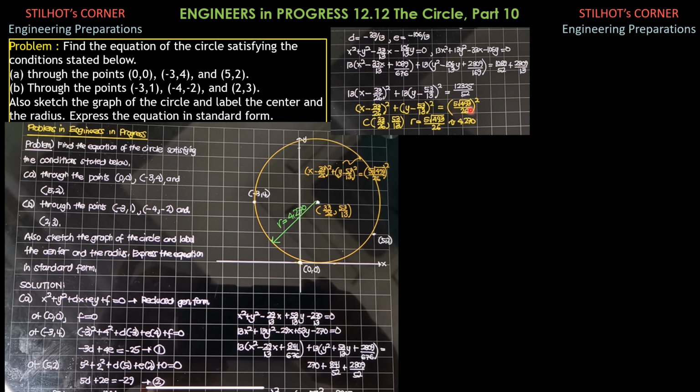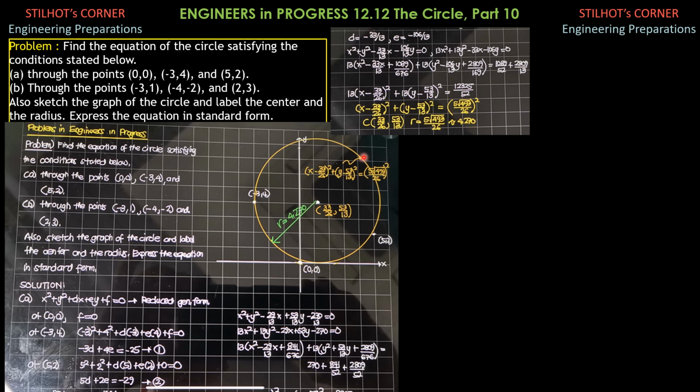That's the radius. So the center is at 33 over 26, comma 53 over 13. And the radius is 5 square root of 493 over 26, and that is approximately 4.270.